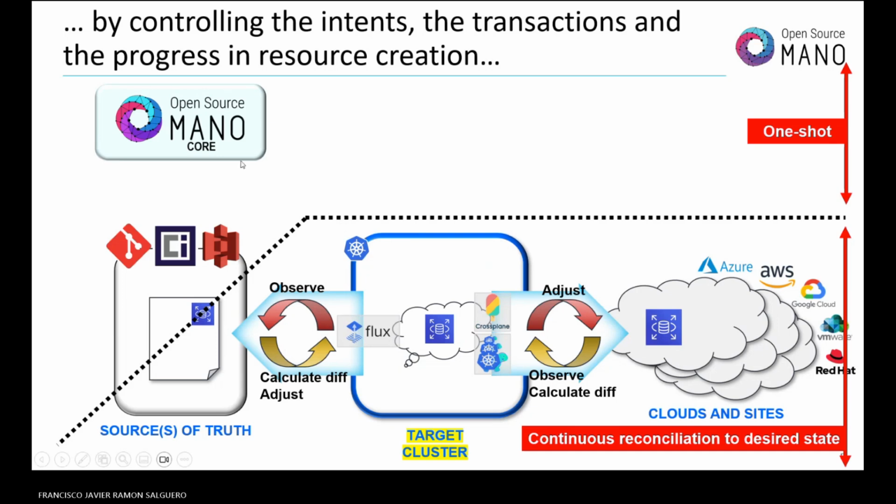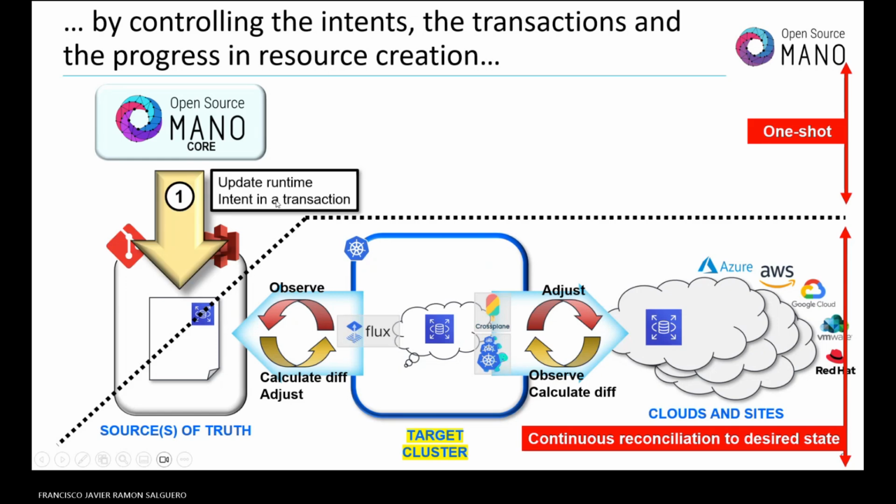So once that is said, the point is that the source of truth is synchronized here, and this one is continuously watching that in the target cloud, the state is the one that I want, or perform corrective actions. So far, so good.